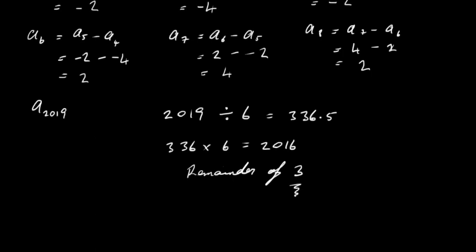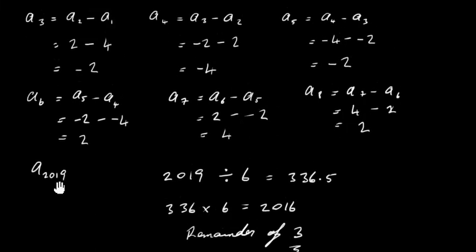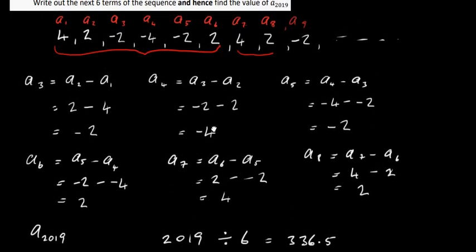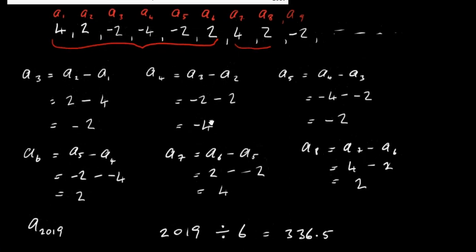So what does that actually mean? Well, if we take 2019 and we divide by 6, it goes in 336 times, so 336 times will bring us up to this 2 here, but there's a remainder of 3. So this is remainder 1, this will be remainder 2, this will be remainder 3. So remainder 3 will bring us up to minus 2.